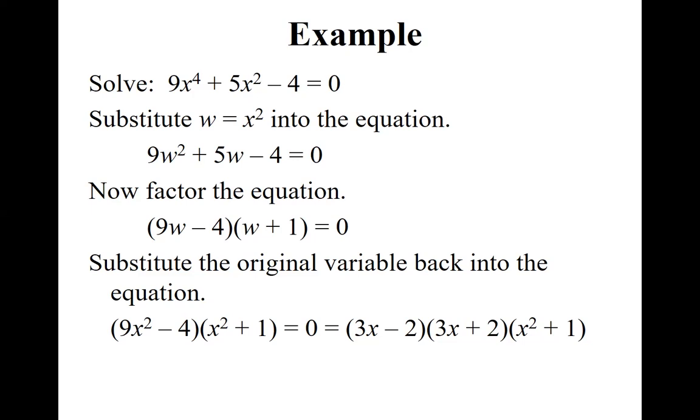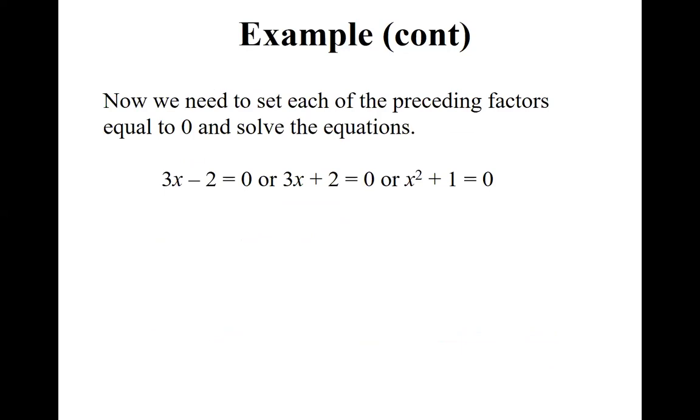So 3x minus 2 equals 0, or 3x plus 2 equals 0, or x squared plus 1 equals 0. Solving, we get positive 2/3, we get negative 2/3, and x squared equals negative 1. That's the square root of negative 1, plus or minus the square root of negative 1, which is plus or minus i.